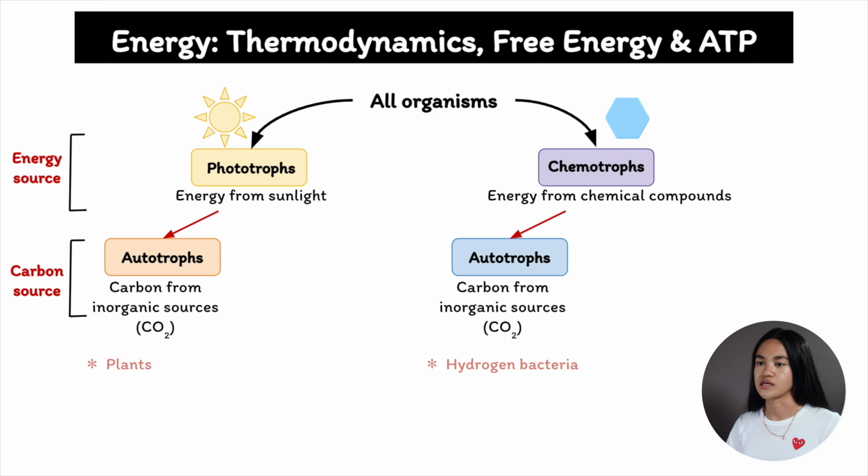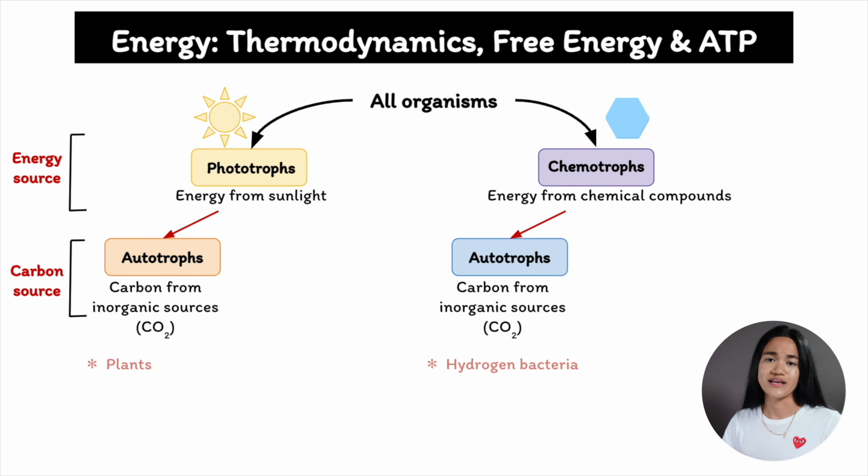Plants are an example here. They are both phototrophs, remember, photo equals photosynthesis, energy from the sun, and they are autotrophs. So think auto equals automatic, okay? They can automatically convert inorganic forms of carbon into organic forms. And we can combine the two terms here and call them photoautotrophs.